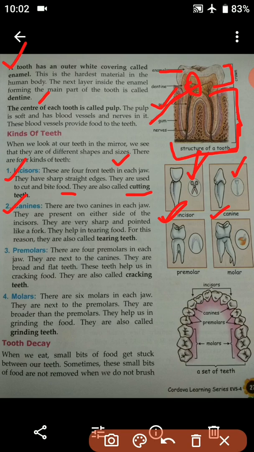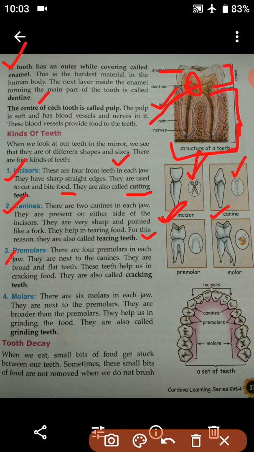Similarly, these canines are also compared with a fork as they also help in tearing different kinds of food items. For this reason, they are also called tearing teeth. Okay. The third one is premolars.